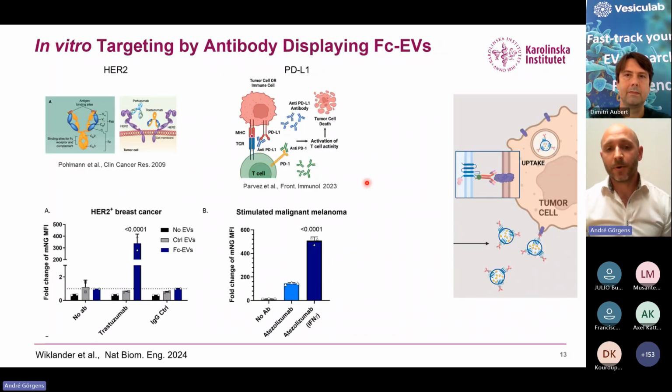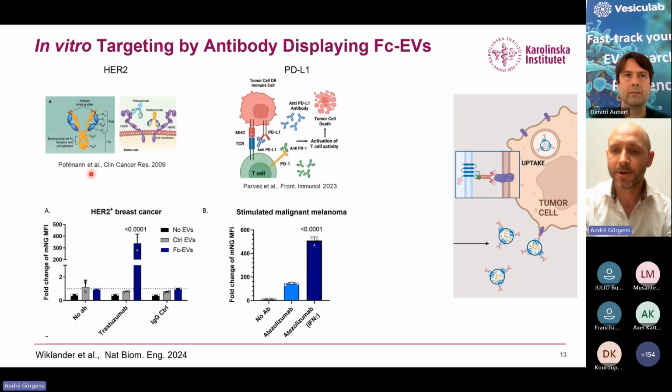Next, we wanted to see, of course, can this be used for targeting? Can we use the system to deliver the EVs to cancer cells? We had two proof of concept models, one being, here to the left, HER2-positive breast cancer, and then PD-L1-positive melanoma. For HER2, in the clinics, we use trastuzumab.